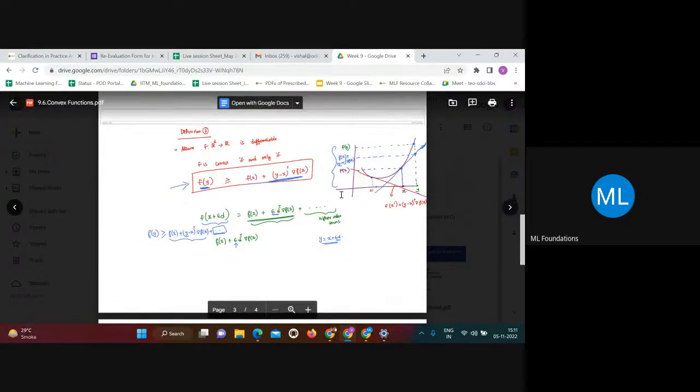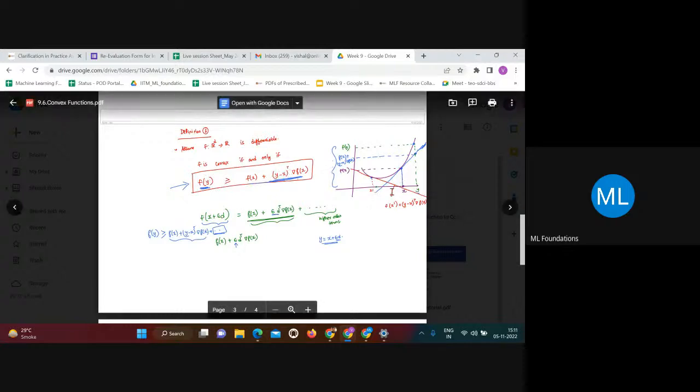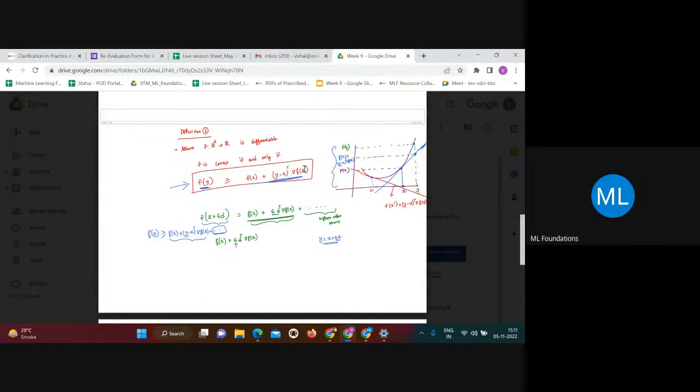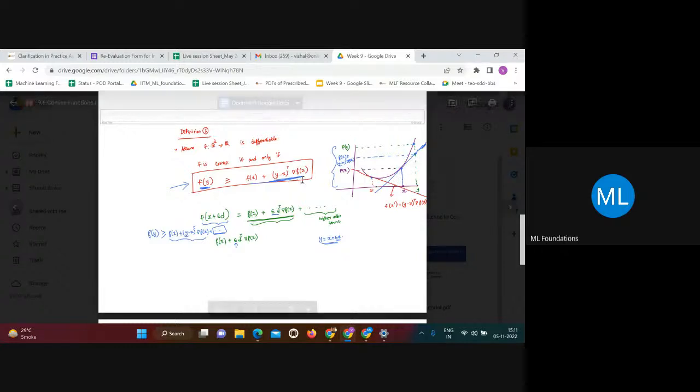This you can also discuss with the help of the plot. For example, he took x and y. f(y) is greater than or equal to f(x) plus the gradient of f at x transposed times (y minus x). This is the y minus x difference, and this is the gradient. He took the tan theta from here, calculated it, and then wrote it like this.